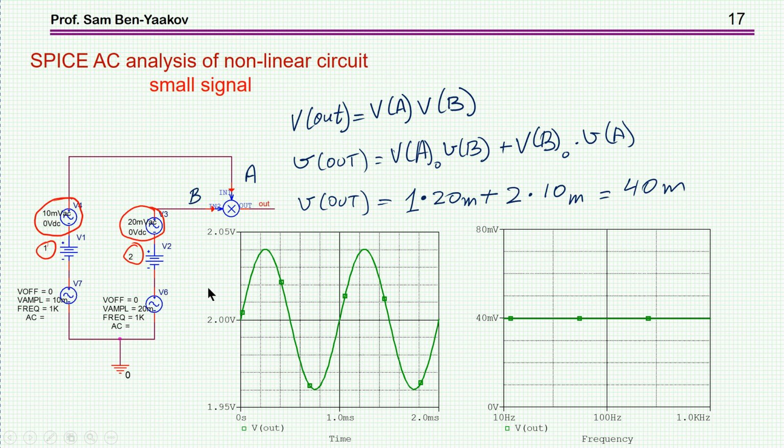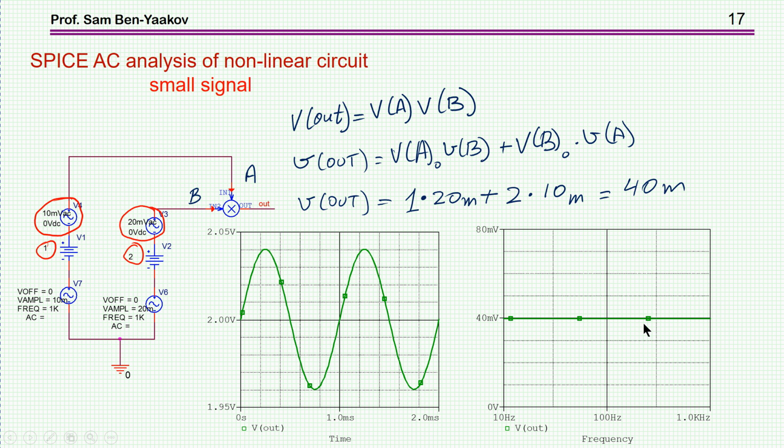So let's now go back to this original circuit and make it compatible with the requirements. And I'm now going to put here 10 millivolts and 20 millivolts rather than 10 volts and 20 volts. I'm sort of altering the problem. And in this case, if you do the calculation, you'll get 40 millivolts.